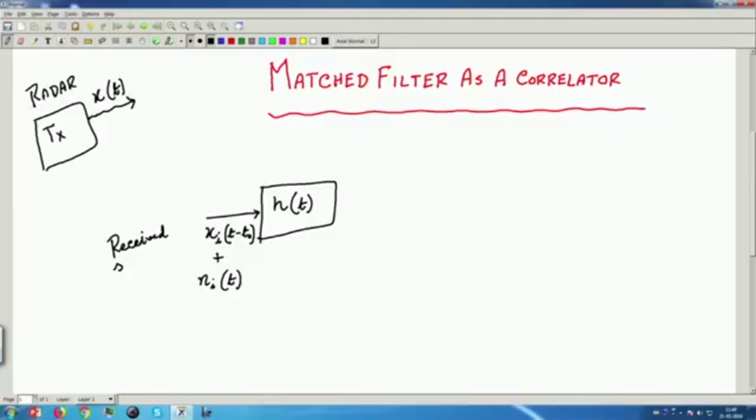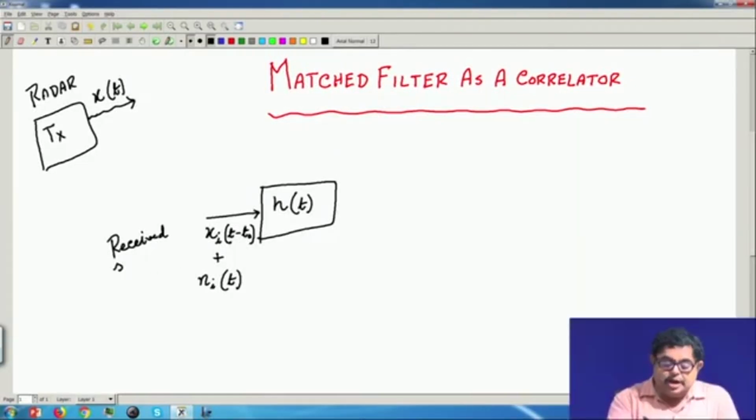So, again we are considering the previous setup, that a radar is transmitting a bandpass signal x(t). Now, we have received it; the round trip delay is T naught, and so we are calling the received signal x_i(t minus T naught), corrupted by noise n_i(t), which is the noise that has been added at the input.